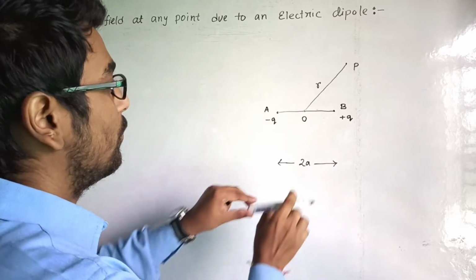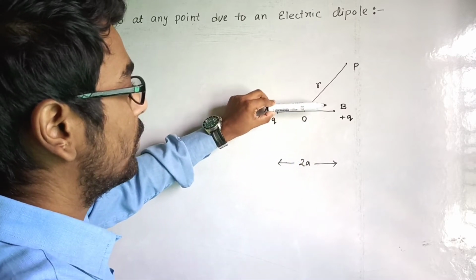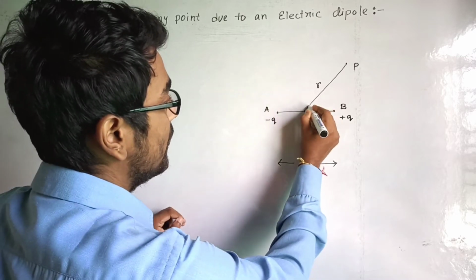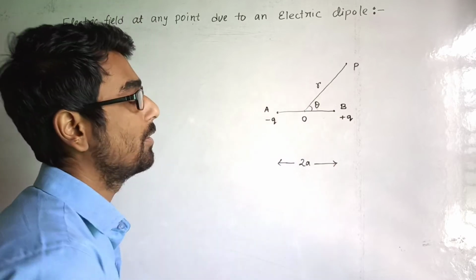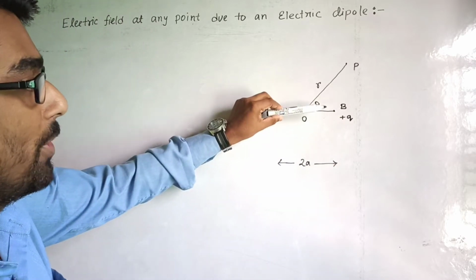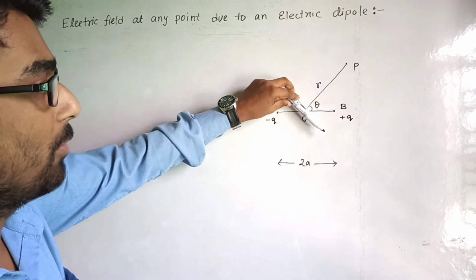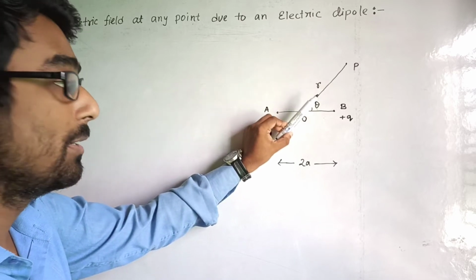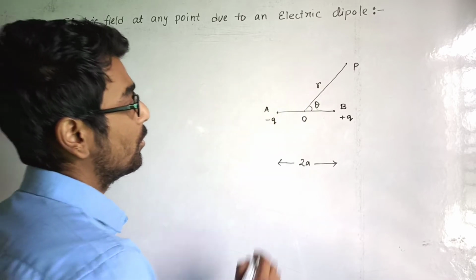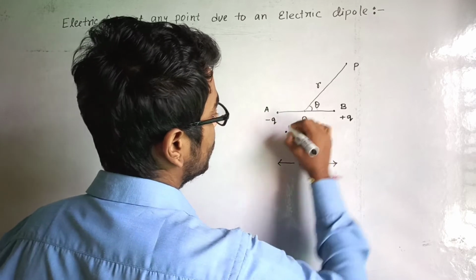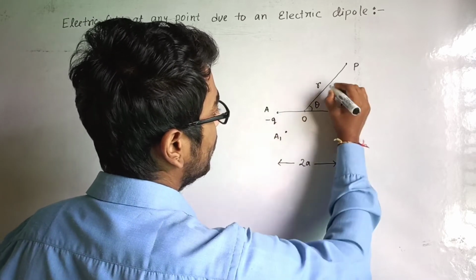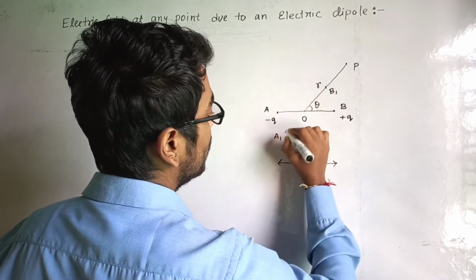What we can do, we can now resolve it into two. Let theta be the angle made here. We can resolve the dipole into two components. One is perpendicular and another one is along the direction. If we resolve it along the direction, it will be A1 and B1.